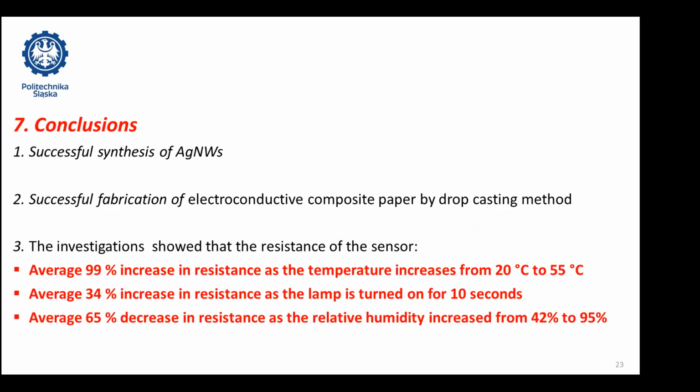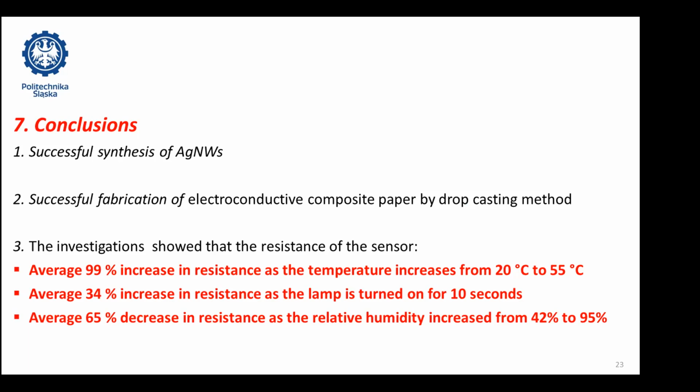And in conclusion, I can say that we successfully synthesized silver nanowires and successfully fabricated electrocomposite paper containing cellulose by the drop casting method. Our preliminary research shows that when the temperature was increased from 20 to 55, there was an average increase in resistance of 99%.